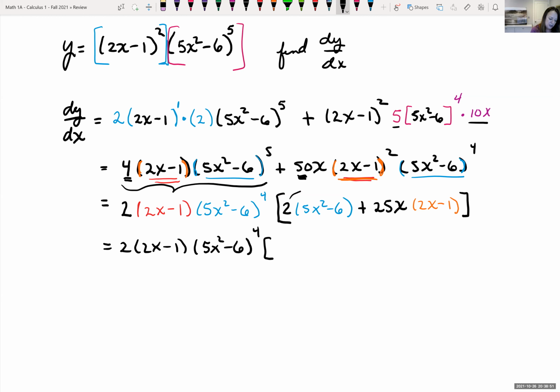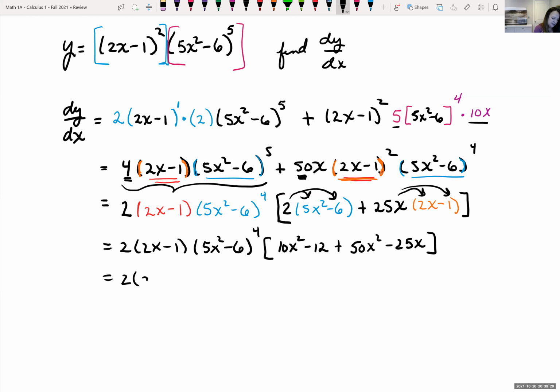And so we could distribute this 2 inside the parentheses, inside that bracket. So 2 times 5x squared is 10x squared. 2 times negative 6 is minus 12. Let's distribute our 25x to both terms. We get plus 25x times 2x is 50x squared, minus 25x.